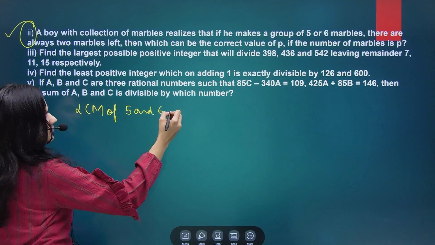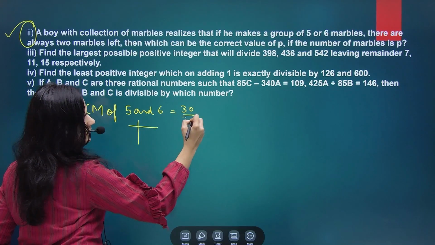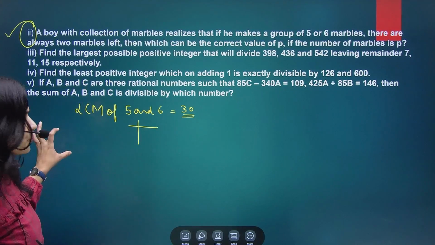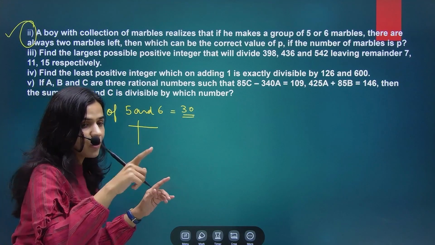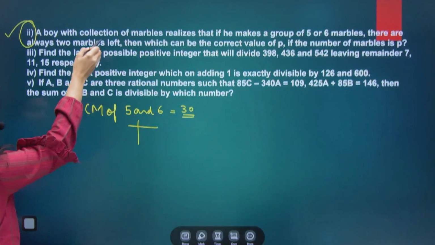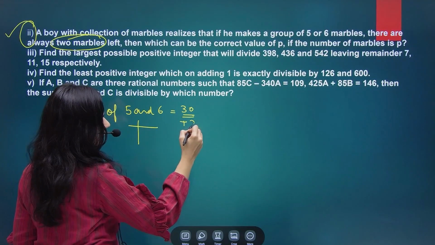So what is the LCM of 5 and 6? It is going to be 30. लेकिन अब 30 को अगर 5 के ग्रुप में डिवाइड करो तो पूरा पूरा डिवाइड हो रहा है, बट दे ऑलवेज इन दिस केस 2 मार्बल्स आर लेफ्ट. 2 मार्बल्स बचे हुए हैं. सो आई एम गोइंग टू ऐड 2 here.